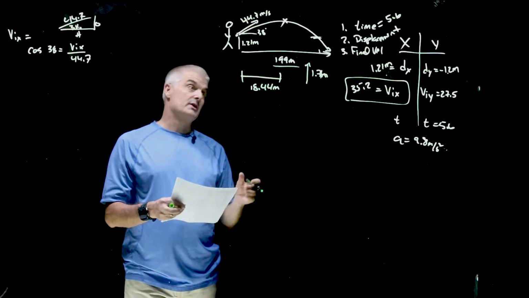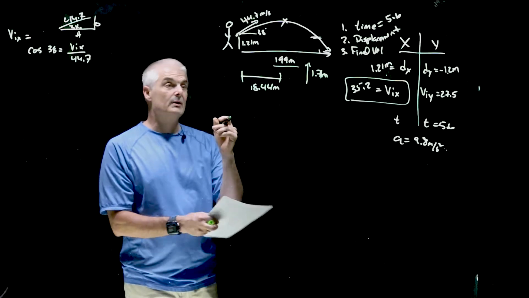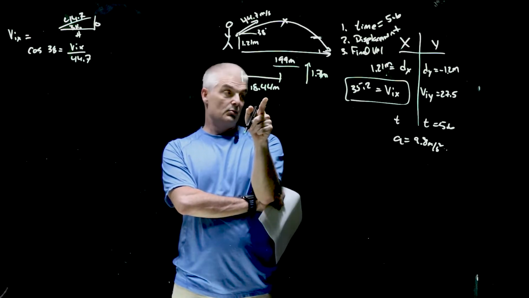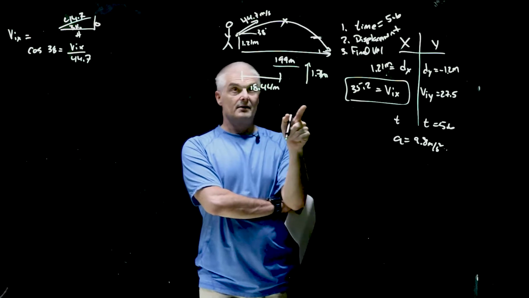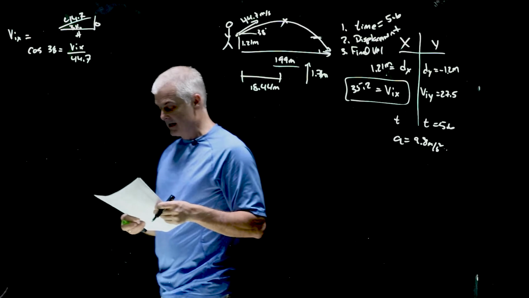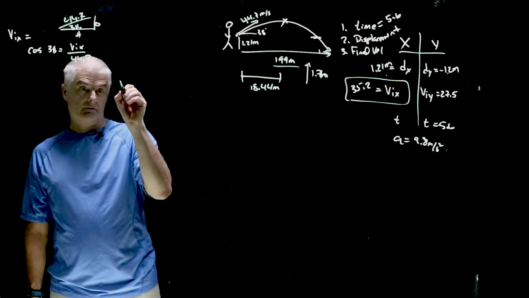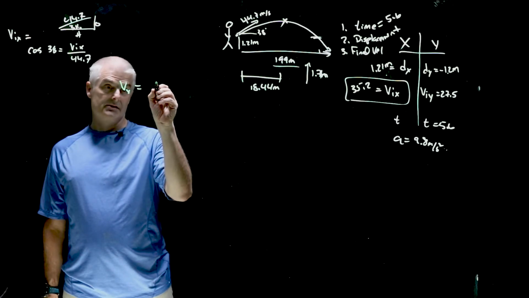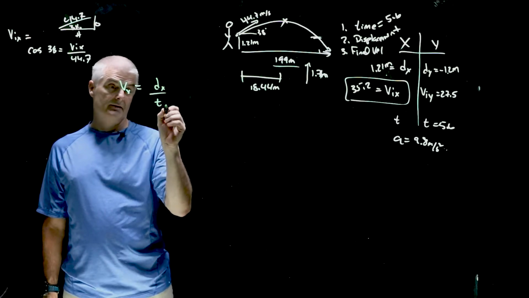So what we're going to do is, again, time is the variable. We want to know how much time the ball is in the air at 18.44 meters. Remember that we know our V_ix, so we plug that in. Velocity in x is equal to distance in x divided by time.